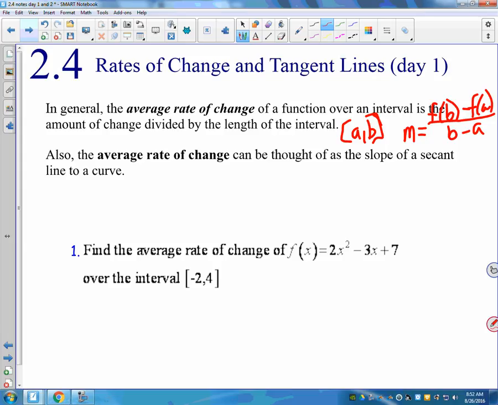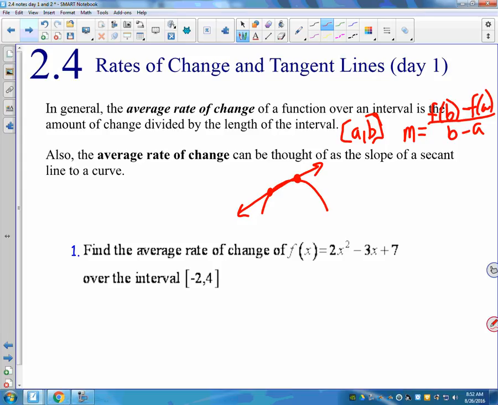We're going to talk about the idea of how we can look at the slope, and instead of just looking at the slope of a linear line, we can draw a secant line to a curve and think about the slope of that secant line. Like if I had a curve here, and I picked 2 points on that curve, and drew the line through them, I could find the slope of that line.